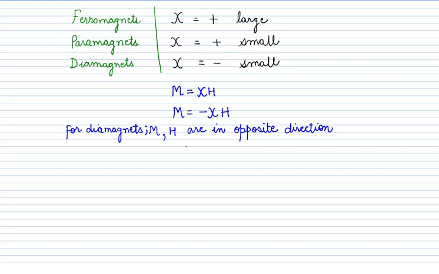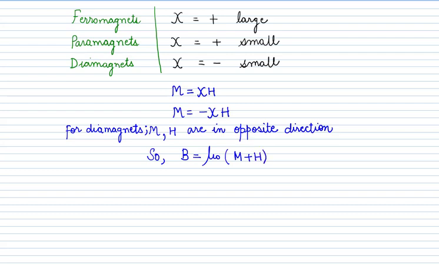Then what for ferromagnets and paramagnets? They will be in the same direction. So for diamagnets, we can write down B is equal to mu naught (M plus H).